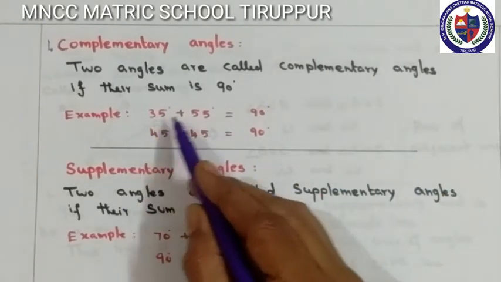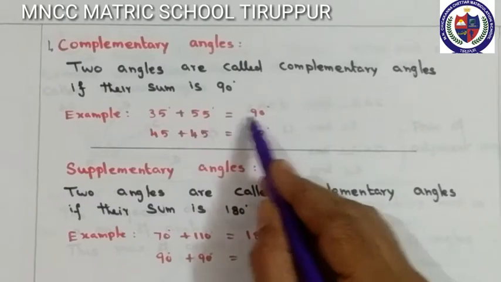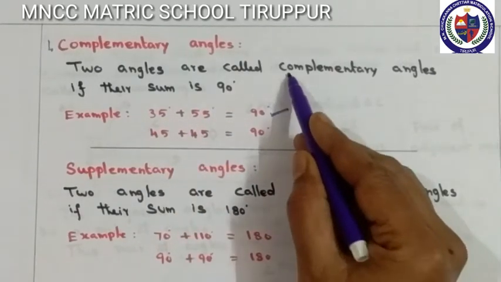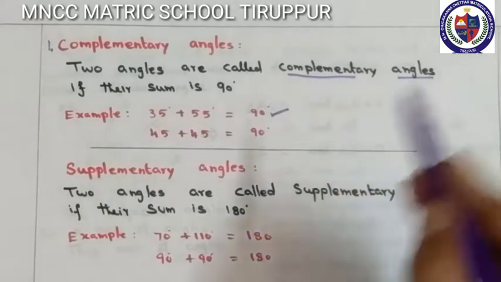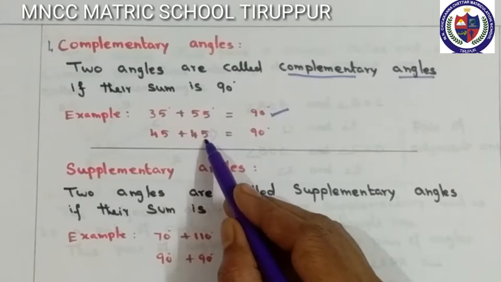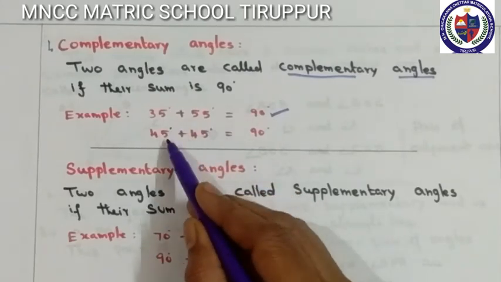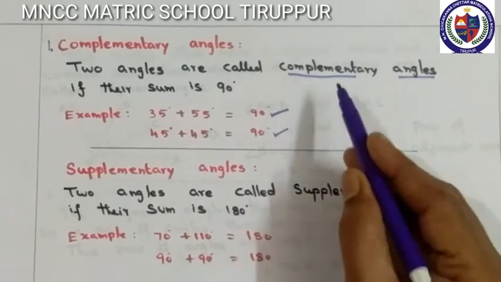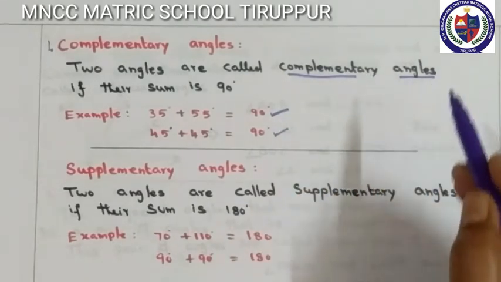Example, 35 degree plus 55 degree gives 90 degree. Also 45 degree and another 45 degree are acute angles whose sum is 90 degree, so they are complementary angles.